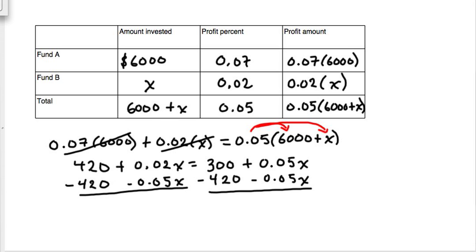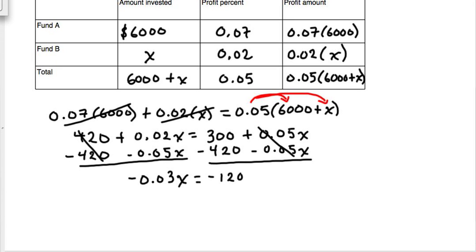On the left side, positive 420 minus 420 simply becomes 0. 0.02X minus 0.05X becomes negative 0.03X. On the right side, 0.05X minus 0.05X becomes 0. 300 minus 420 is negative 120.